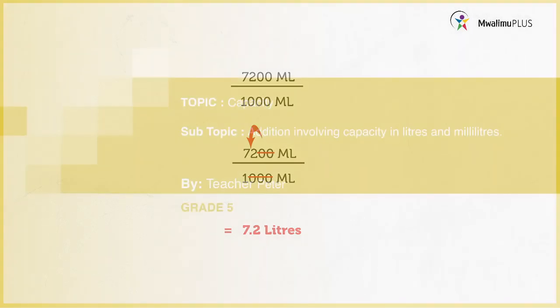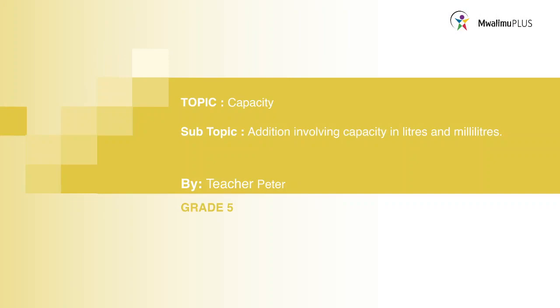Now, that brings us to yet another section, slightly higher. Having converted, now let's go higher. Can we be able to add? So, we are going to add capacity or units of capacity. That is addition involving capacity in liters and milliliters.